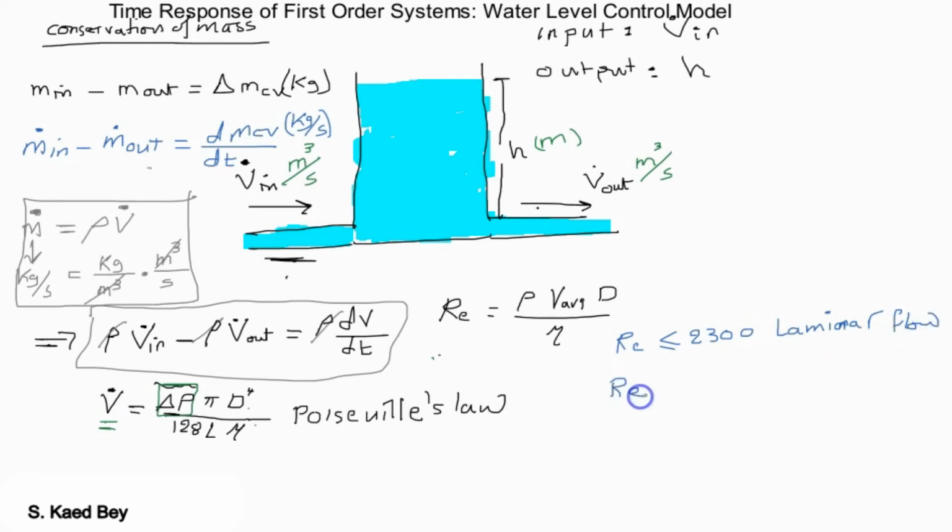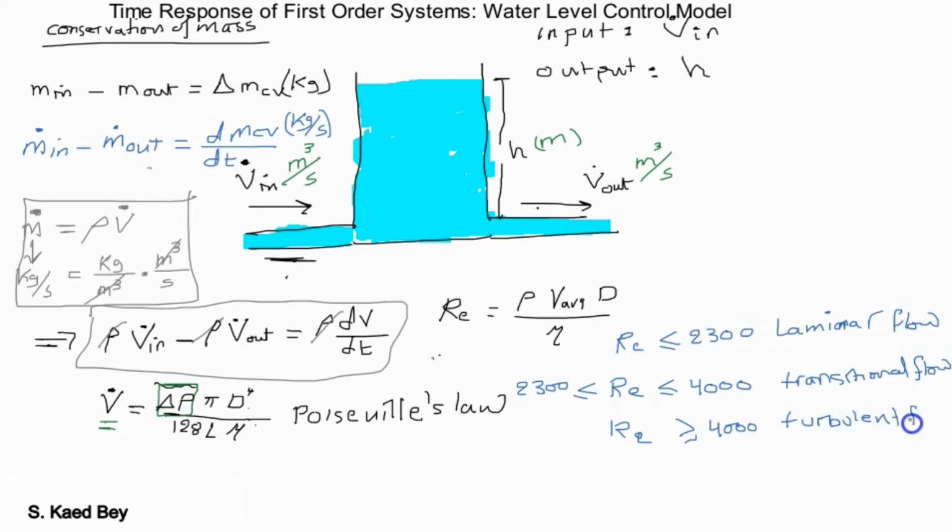If your Reynolds number is somewhere between laminar and turbulent, this is what we call transitional flow. And if your Reynolds number is greater than 4000, then this is what we call turbulent flow, and a different set of equations is used in this case.